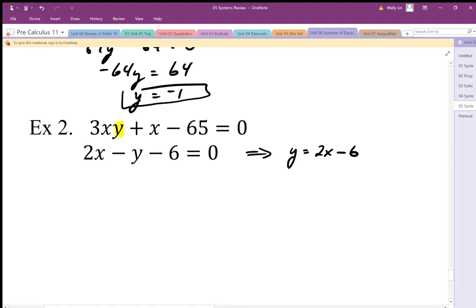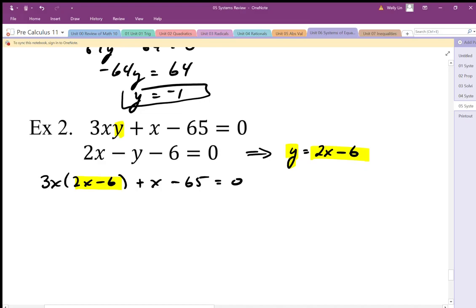So that is equivalent to that, which is equivalent to that. So when I write out my new equation, it looks like this: 3x, I'm going to replace the y with 2x minus 6. Okay, so that's a like for like replacement there. Plus x minus 65 equals 0.